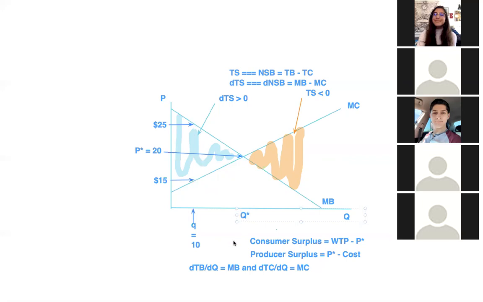Okay, let me finish with my summary really fast, because I'm almost done. So from 0 to Q star, we've got this shrinking change in total surplus, which means the gains from trade are getting smaller and smaller until they hit 0.